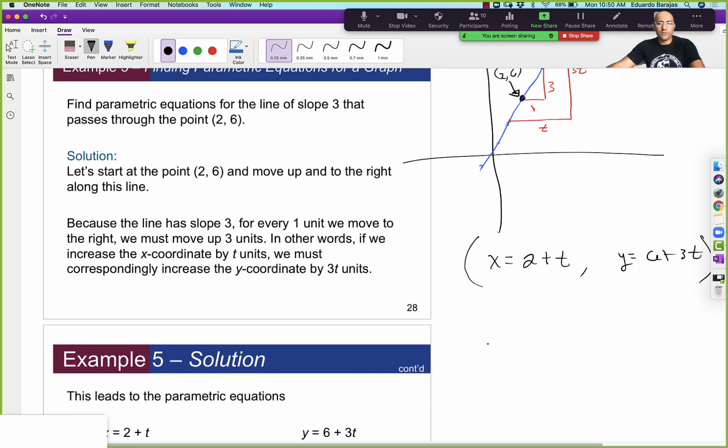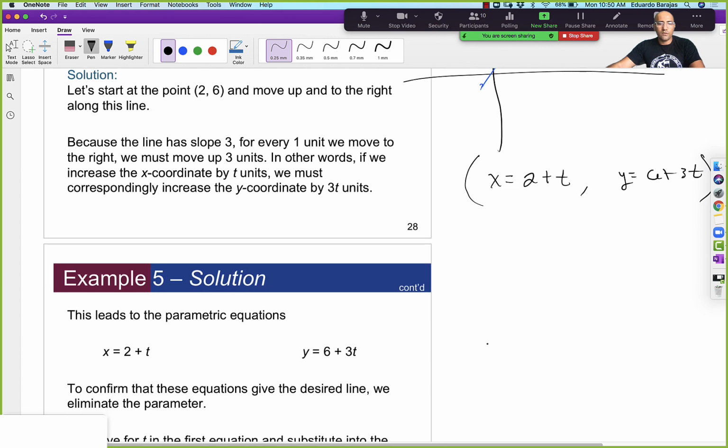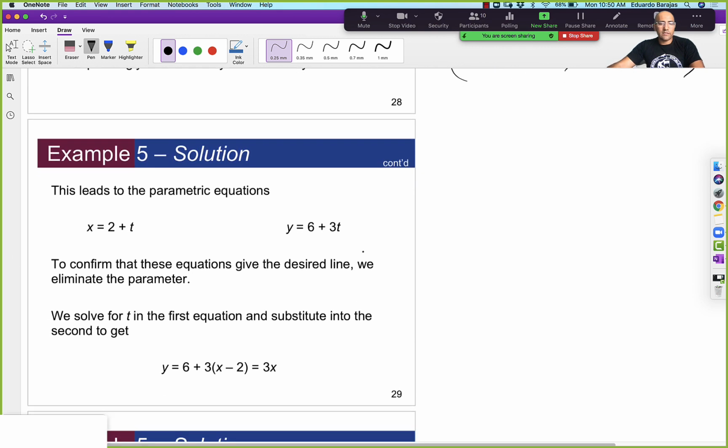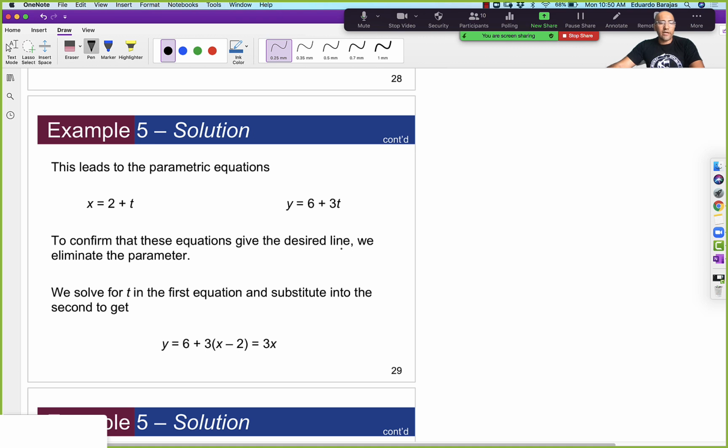Any questions? And that's what the author did as well: x equals 2 plus t, y equals 6 plus 3t. We can check it by doing our substitution one more time.